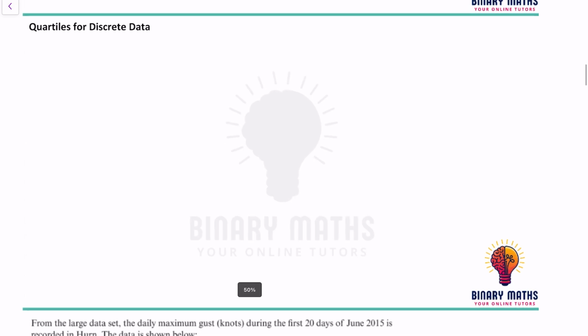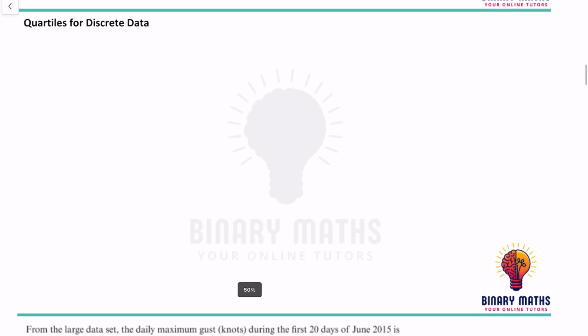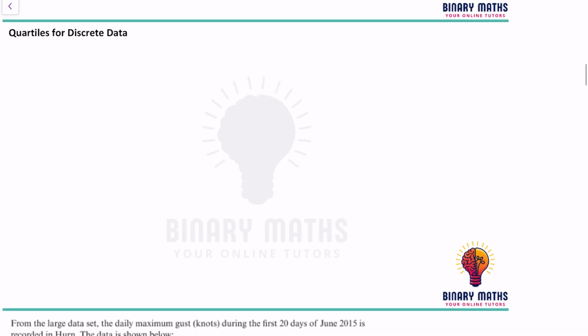Okay, so next thing we want to go to is quartiles for discrete data. So the quartiles, we have lots of definitions that I need to go through. So lower quartile, which is denoted as Q1, is a quarter of the way through the data set.